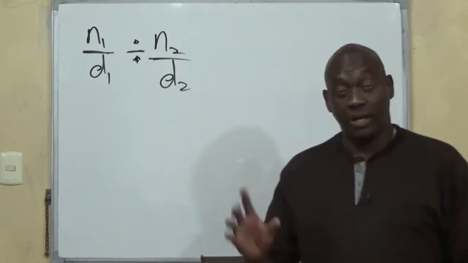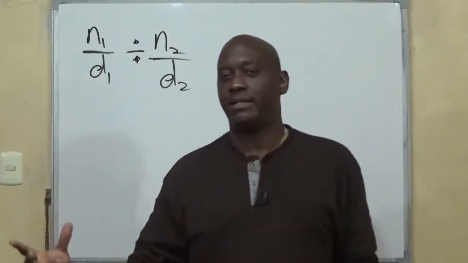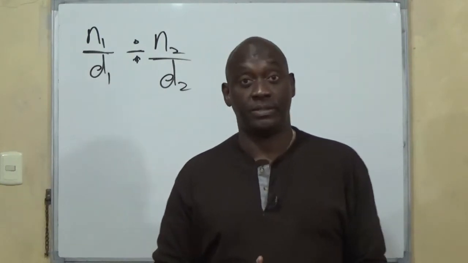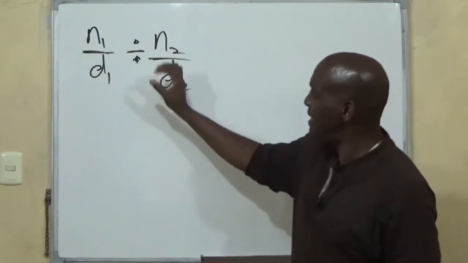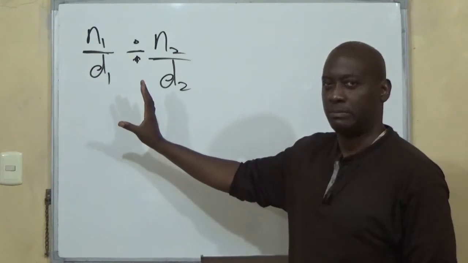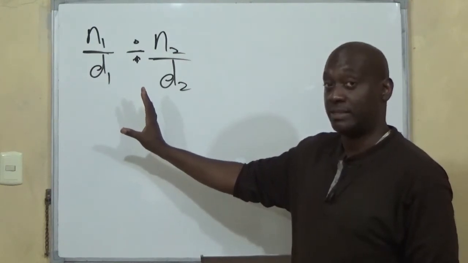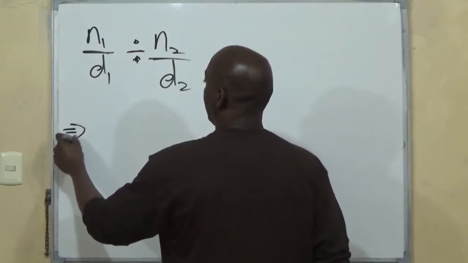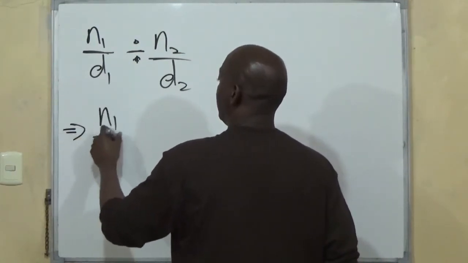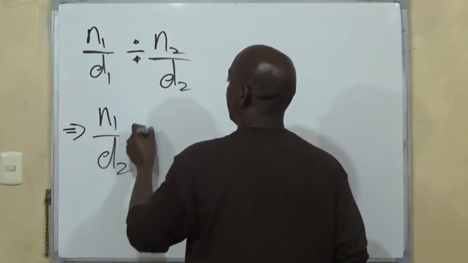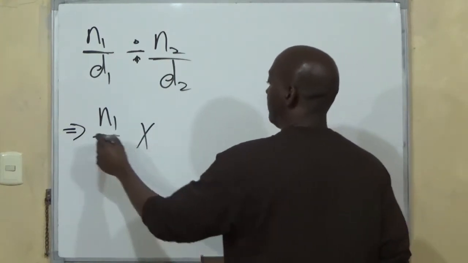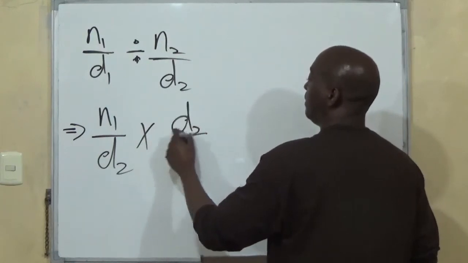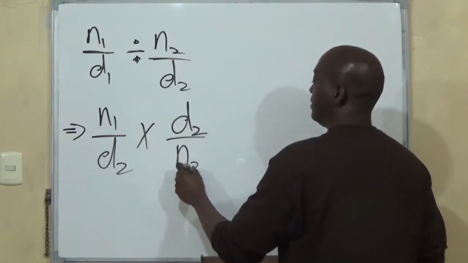Well, without going into the details of why, which I will do in another video at some point, once you're dividing where fractions are concerned, your next step is to multiply the first fraction by the reciprocal of the second fraction.